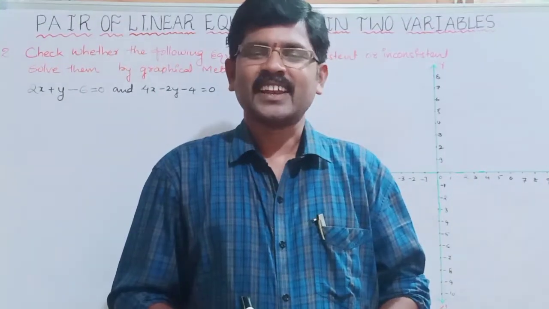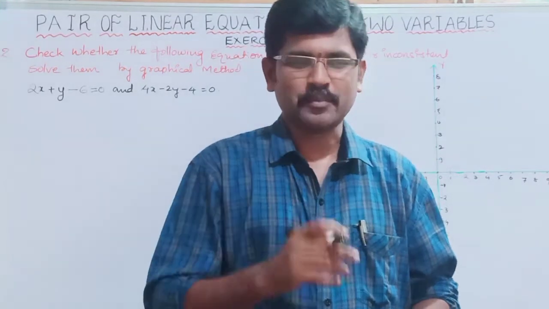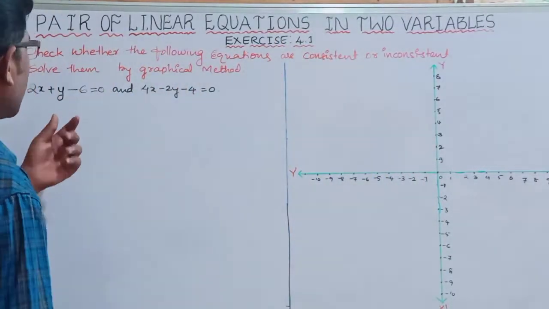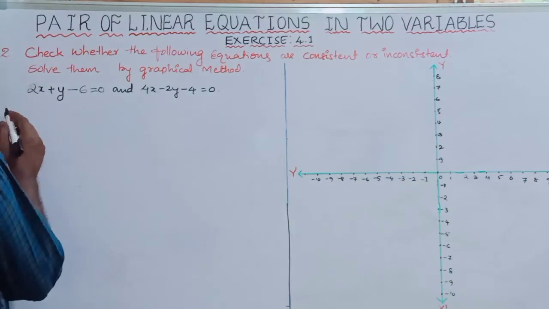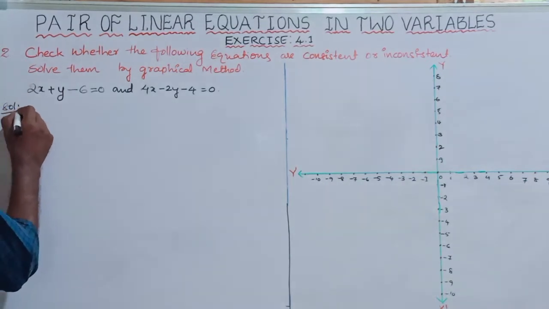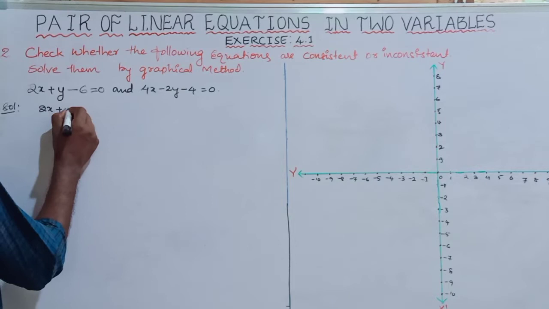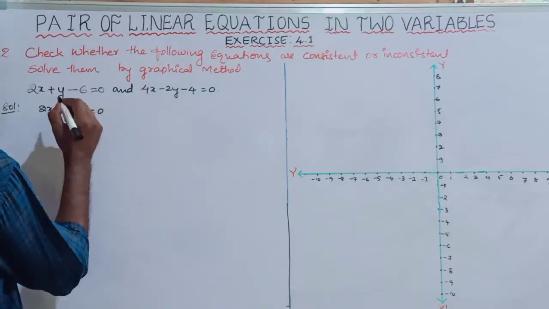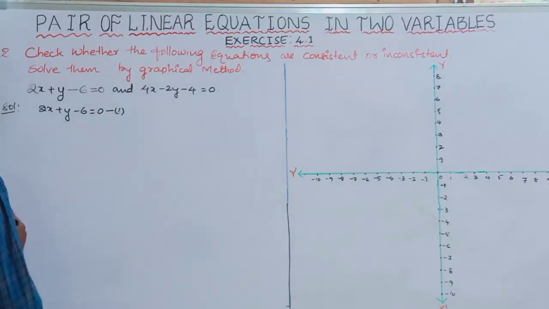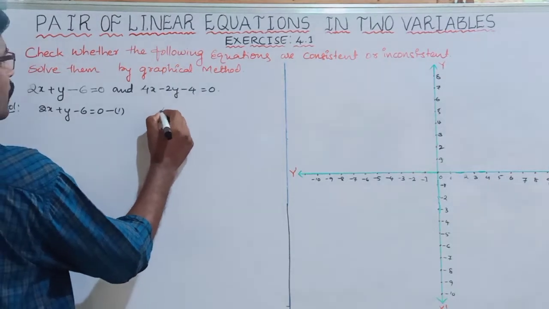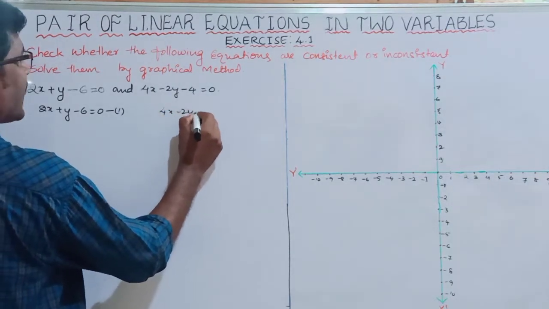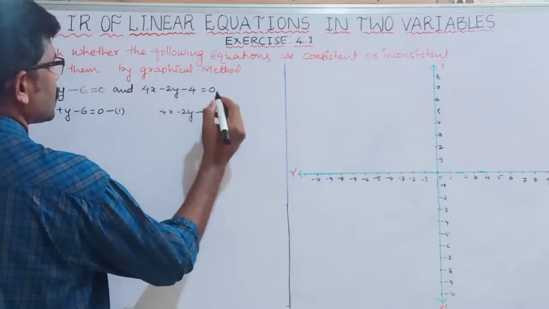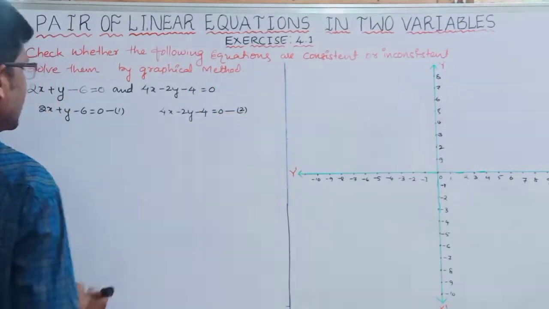So friends, let's move on to the second bit. So equations are 2x plus y minus 6 is equals to 0, equation 1, and 4x minus 2y minus 4 is equals to 0, equation 2.